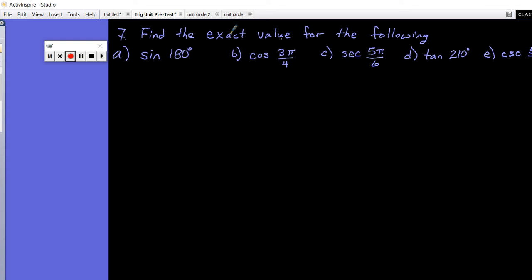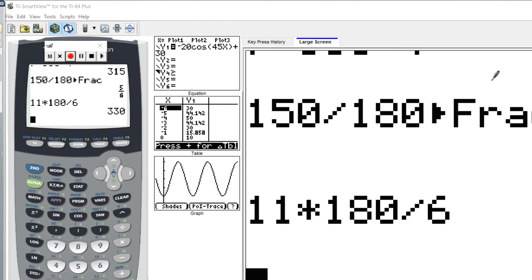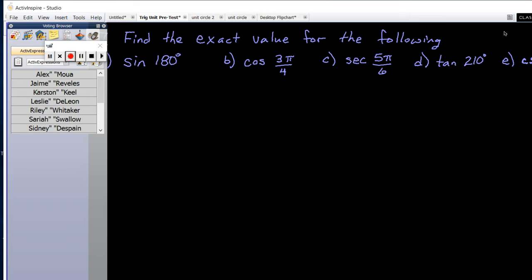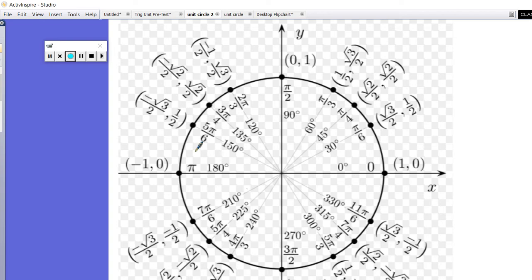Number 7, find the exact value for the following. When it says exact value, you're going to use your unit circle. So sine of 180. I go to my unit circle. Here is 180 degrees.